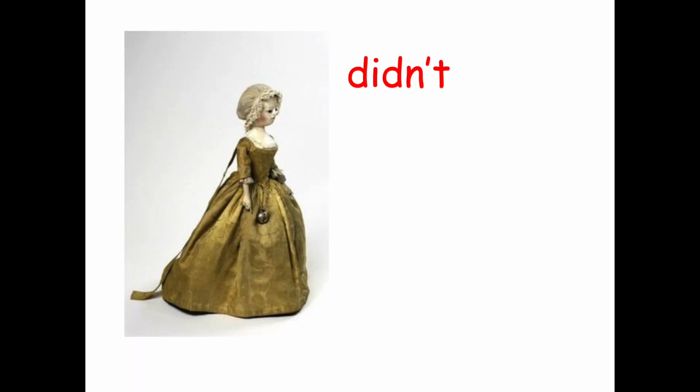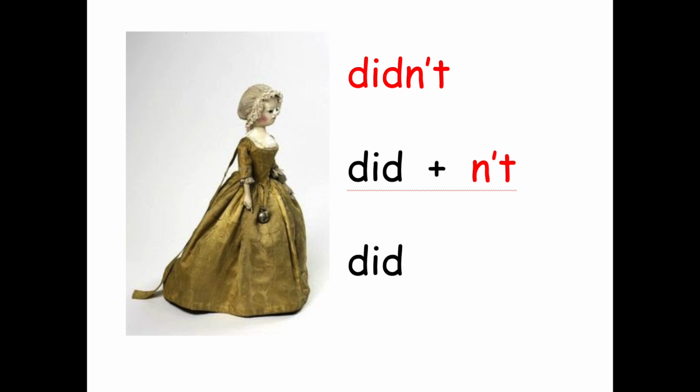First, chop up the words into 2 pieces. You can usually spot one of the words to give you a clue. That's right, did is the root word of the contraction didn't. Didn't becomes did plus n't. Then think about what letter or letters the apostrophe is showing you are missing.